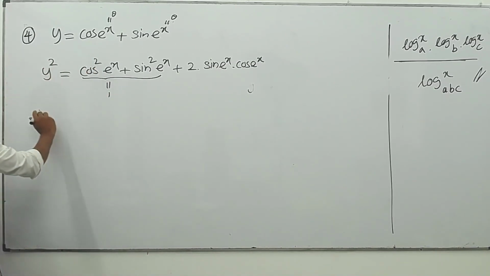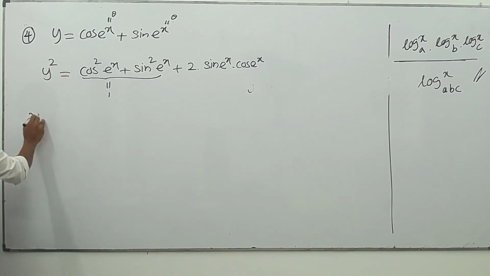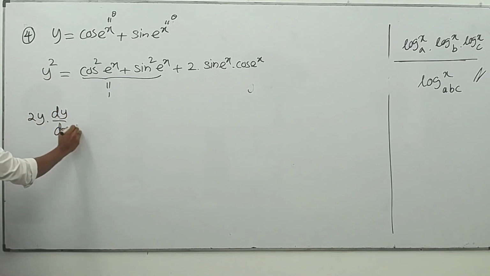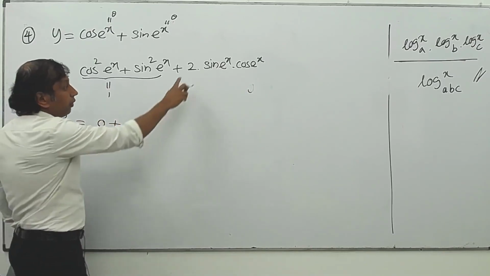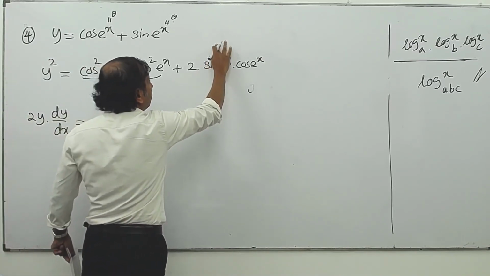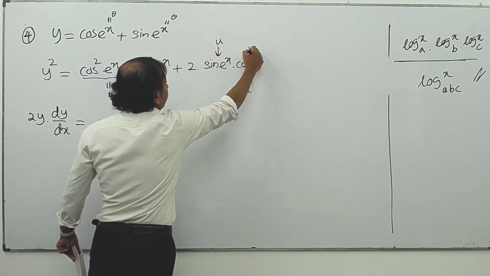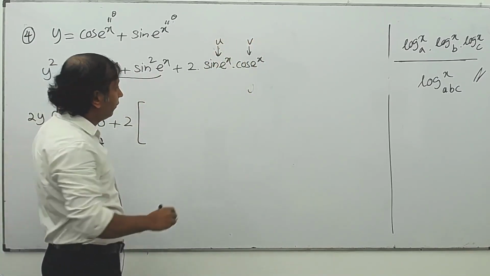Now we differentiate. Left hand side when you differentiate y squared, we get 2y dy by dx. Here 1, the derivative is 0. This 2 we keep and we differentiate this as our u and this as our v. U into v product, you know how to differentiate.